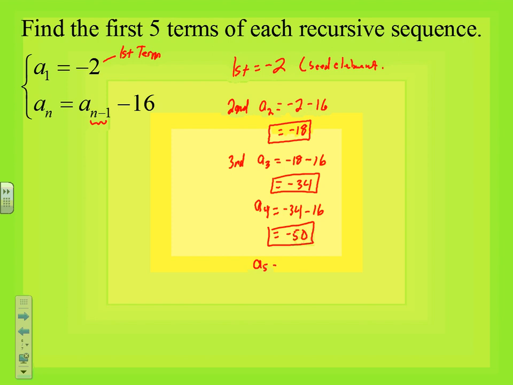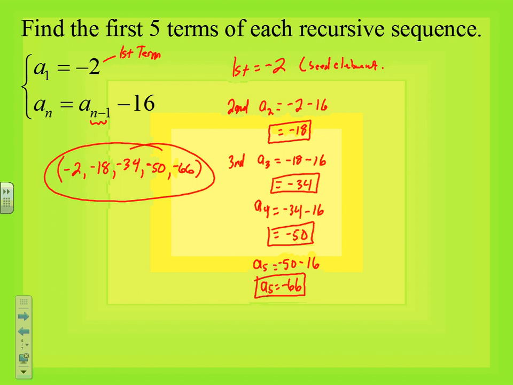The fifth number of the sequence gets found by using the fourth number in the sequence. So I'm going to say negative 50 minus 16, so the fifth number in the sequence is going to be negative 66. And there you go. So the first 5 terms will be negative 2, negative 18, negative 34, negative 50, and negative 66.